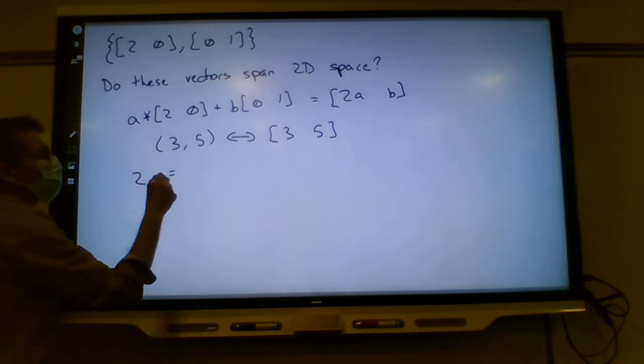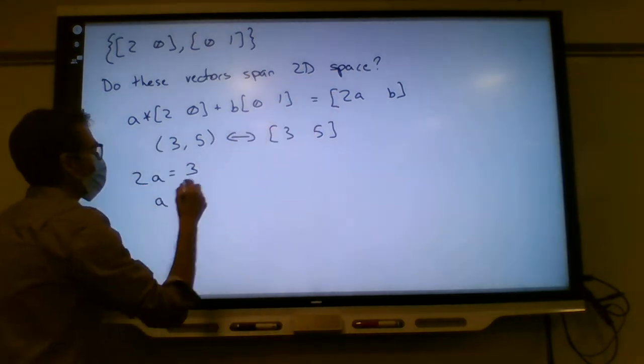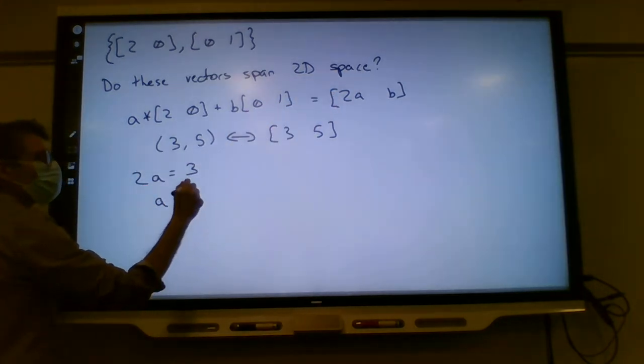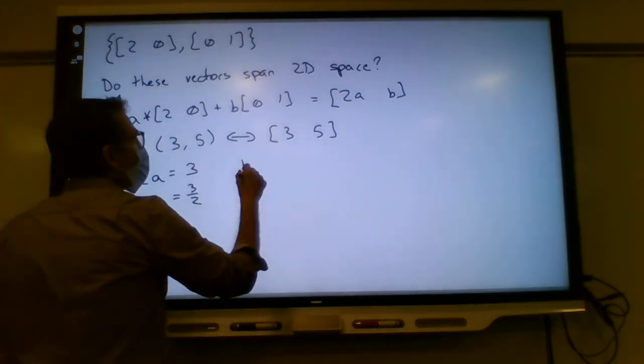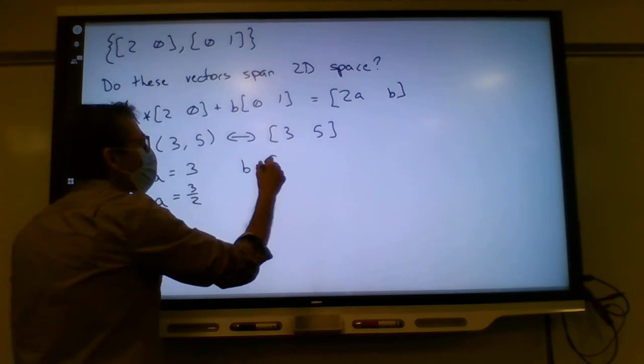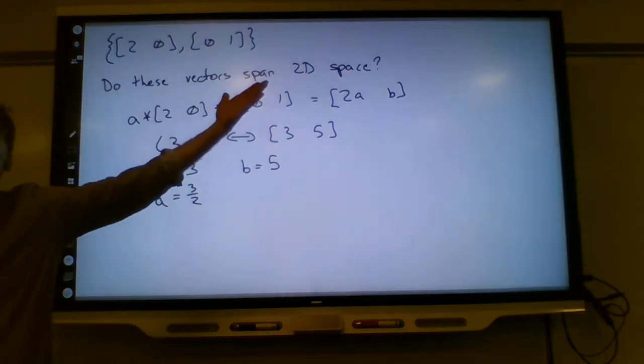Well, 2A would have to be 3, right? Because that's what we construct here. So A is 3 over 2, so 1.5. And B is 5. Okay, so what have we done with this? We can still build that thing. Can we build anything?